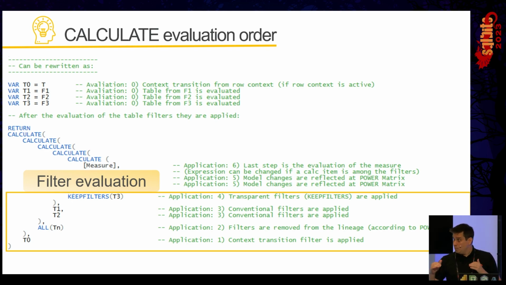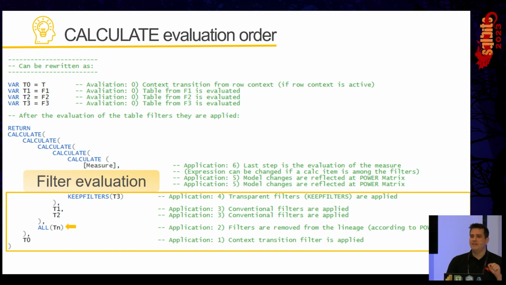Okay? When we can read the outer, the inner, who takes precedence over what, we can actually evaluate it. The filter context that I'm talking about is this, all right? And it's really important that this filter is evaluated under the current model.